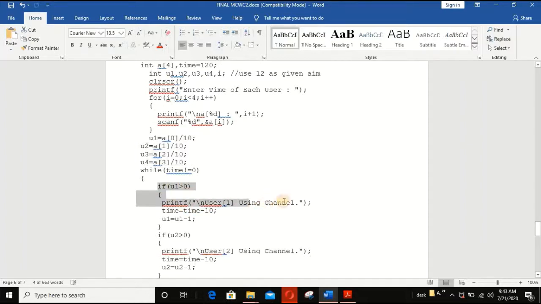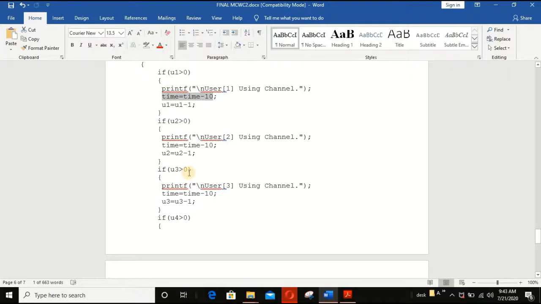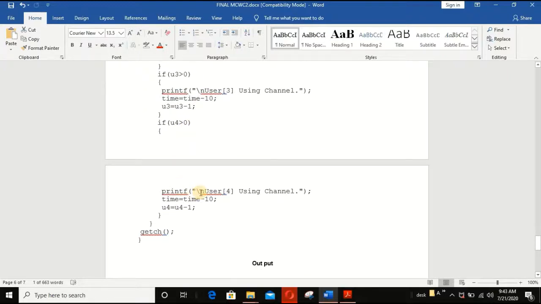Simply, here we also use a message for each and every user, like user 1 using the first channel, so it simply prints that user 1 is using the channel, and the time required for a particular user is 10 milliseconds, so time is equal to time minus 10. Same way for the second user, the third, and the fourth user.